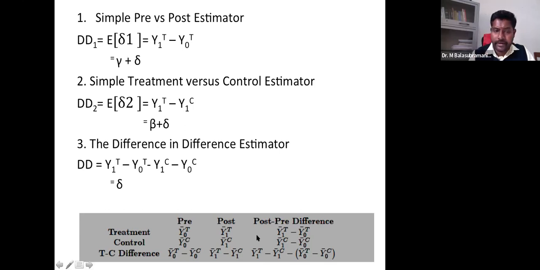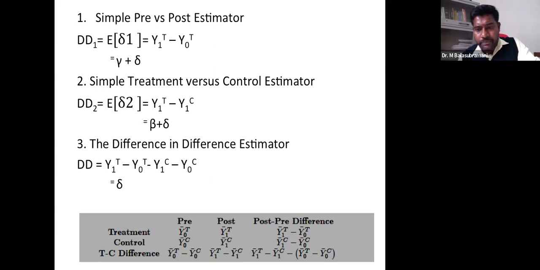You see here, in the rows are the treatment and control and the difference between the treatment and control, whereas in the columns are before the program and after the program, the pre-intervention and post-intervention, and the difference between these two in the next column. The first one, treatment, y0 bar t, I have mentioned here, and there y1 t after intervention, because this is treated.